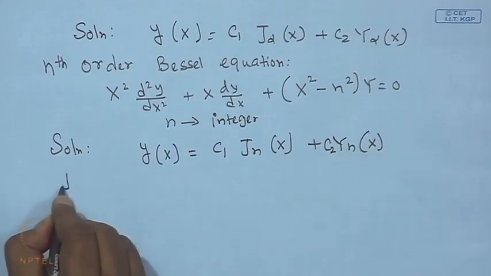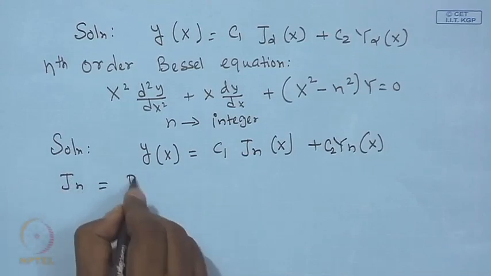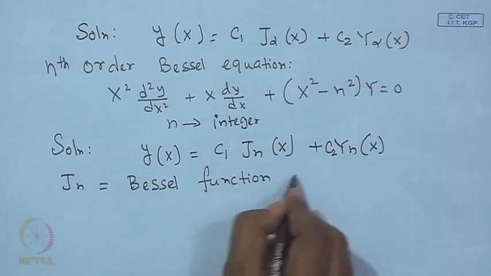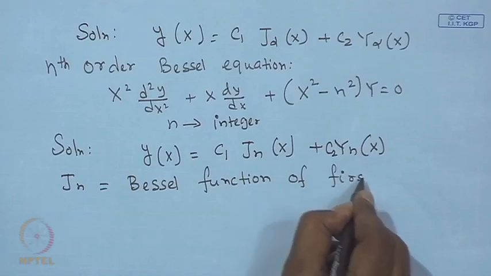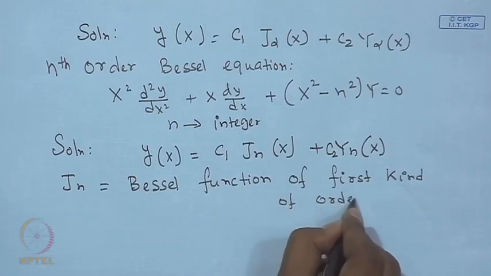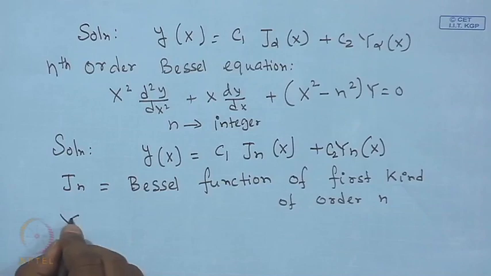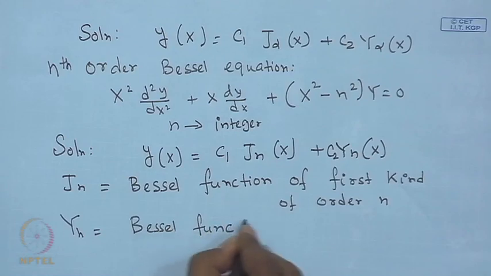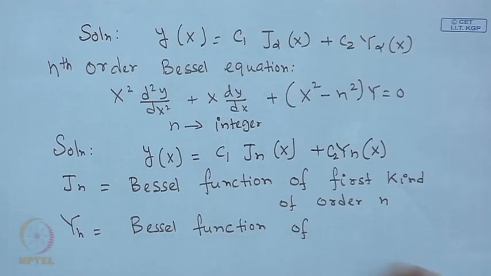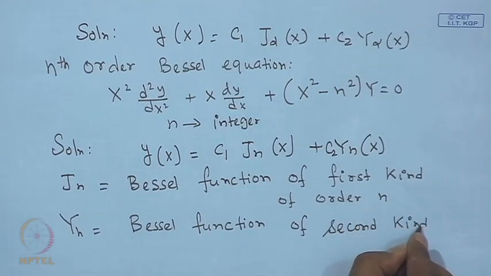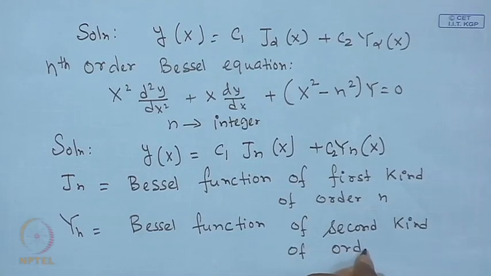So, we will be having j n as the Bessel function of first kind of order n, and y n is the Bessel function of second kind of order n.